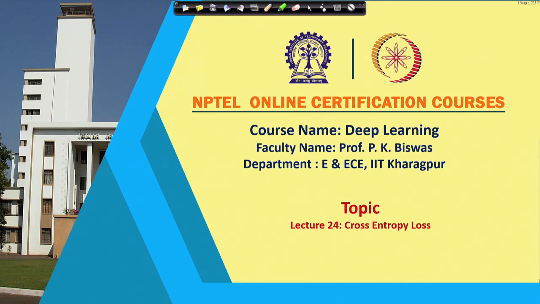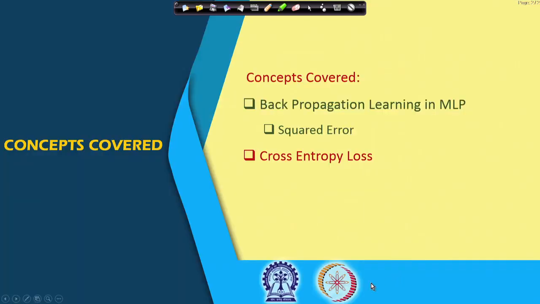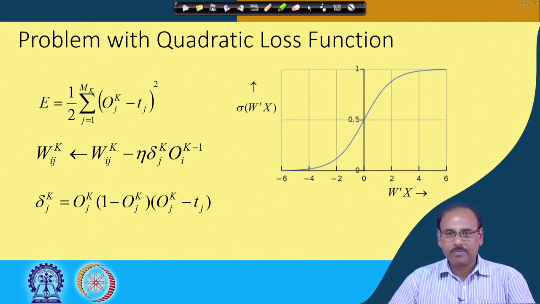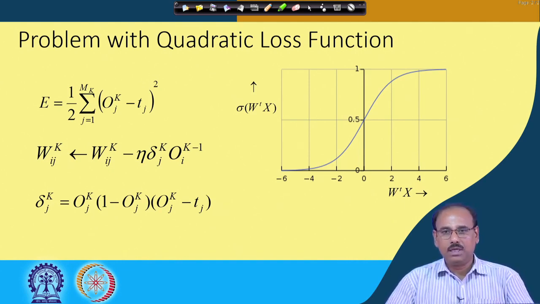So, the error function which was considered was given by E is equal to half of the summation of (O_jk minus T_j) squared, where the summation is taken over j equals 1 to m_k, that is, all the nodes in the output layer.